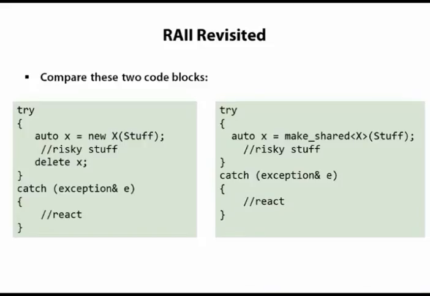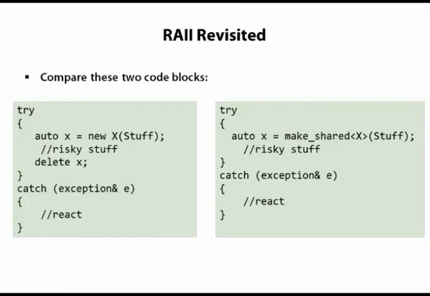It's a local object allocated, we like to say, on the stack, whose destructor will deal with the free store memory as appropriate. If risky stuff made copies of X, passed it around to other functions that held on to it, and so on, you might not even want to delete X when you get out of here because someone else may still be using it. That's the joy of a smart pointer, a shared pointer. But if you are done with it, it will clean itself up.